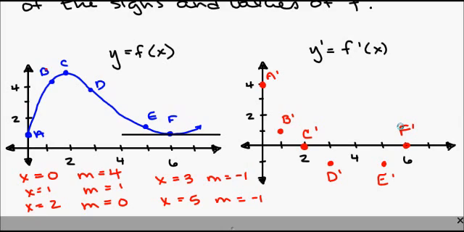Okay. So we see this is a smooth curve. We want to connect our points also with a smooth curve. So let's see if I can do this. You can probably do a better job on your paper than I'm about to do up here. So just try your best.